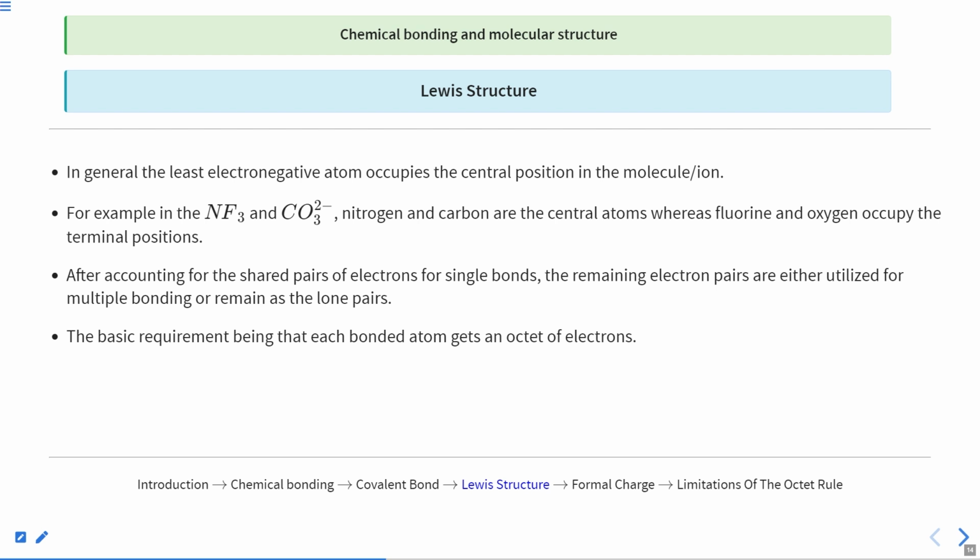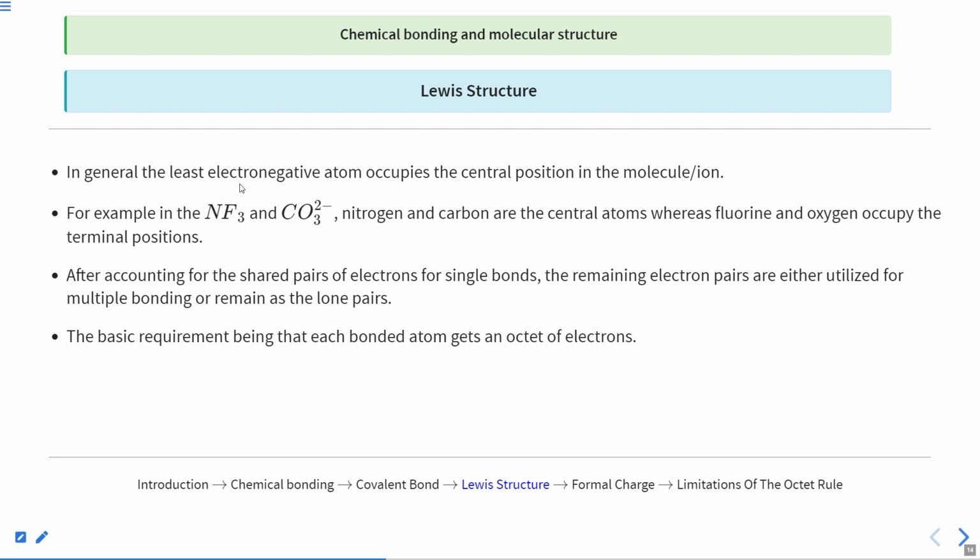And one more thing, the most electronegative elements are present as the surrounding atoms. That is the thing I'm talking about, and that is the reason this example is kept here, to illustrate that. Nitrogen is least electronegative in this compound, and fluorine is the most electronegative.